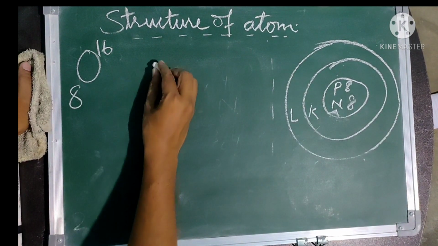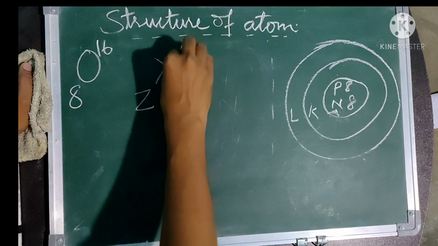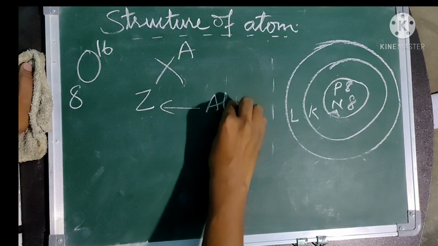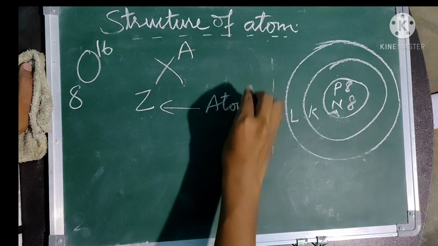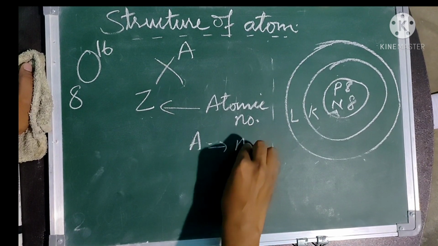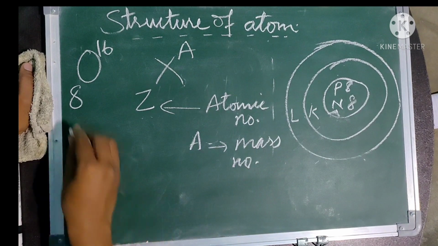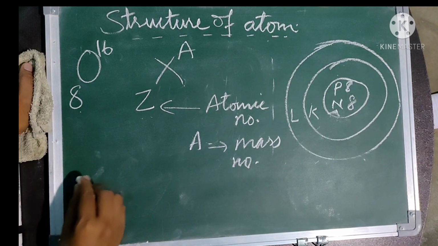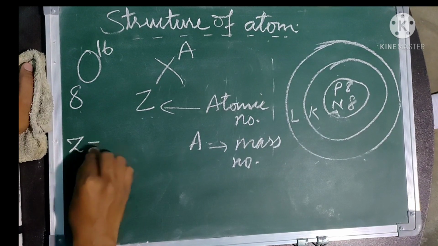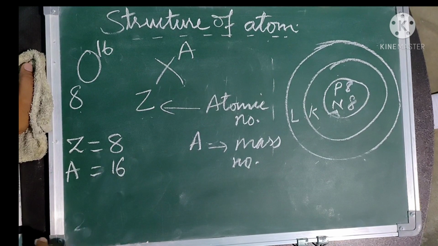Here any element is represented by this formula where Z is the atomic number, A is the mass number. Here for oxygen, Z is equal to 8, A is equal to 16.